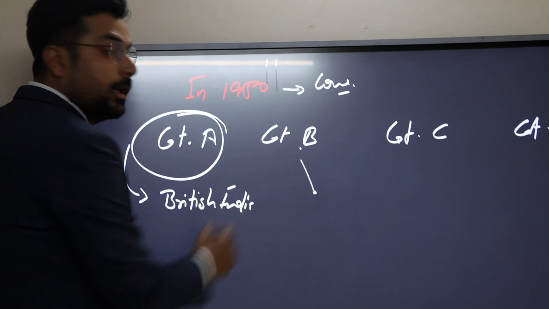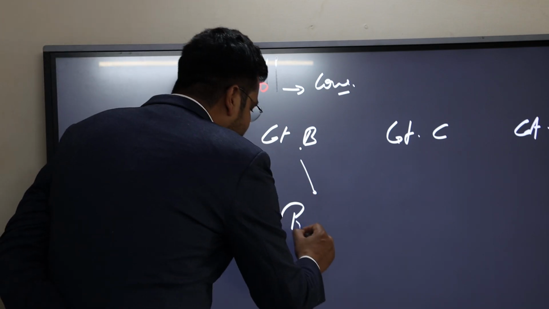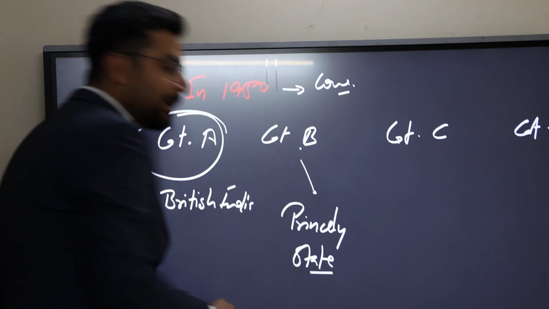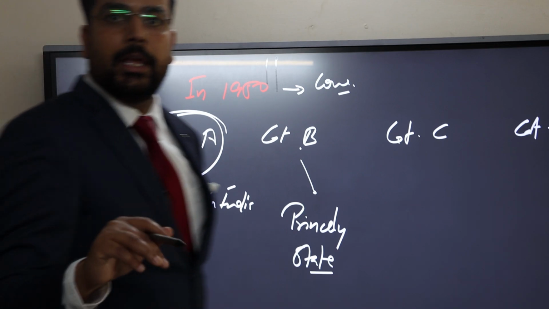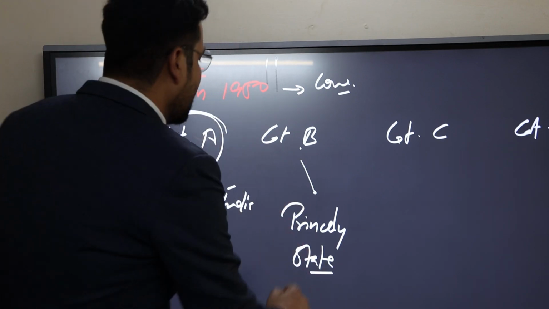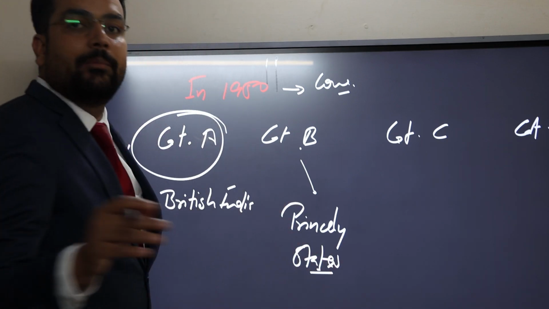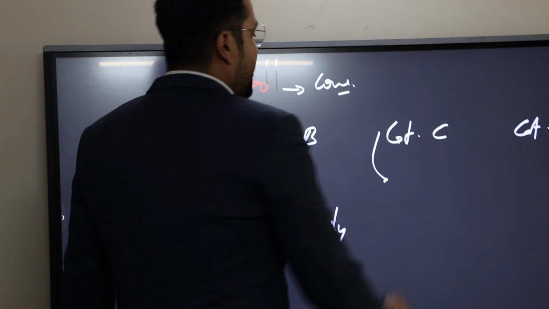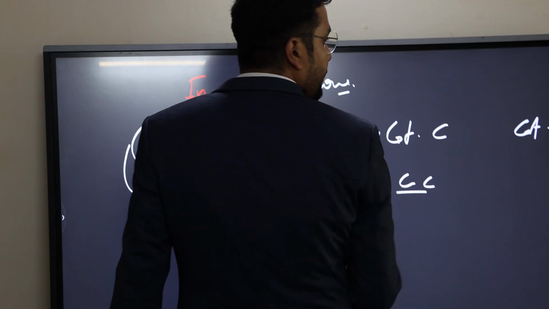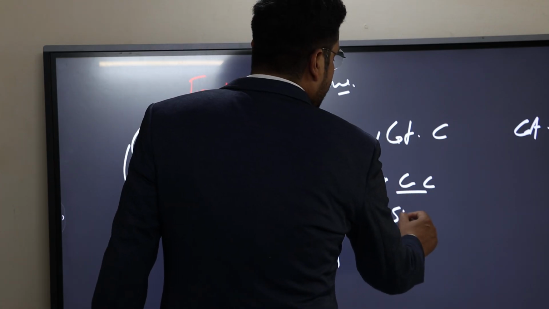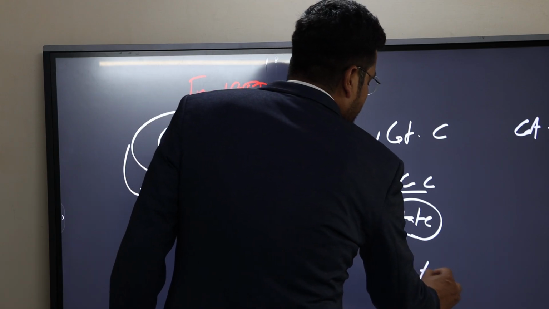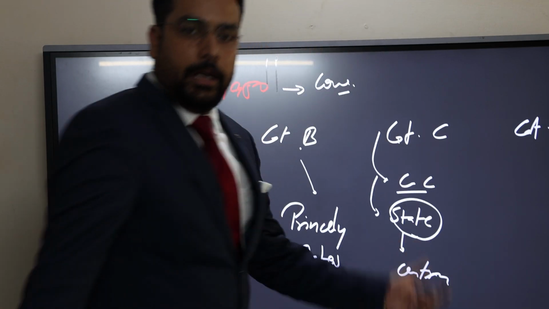In category B, we added those princely states that later merged with India and became an integral part of it. In category C, we added chief commissionerate territories, those states or territories that were under the control of the central government either directly or indirectly.